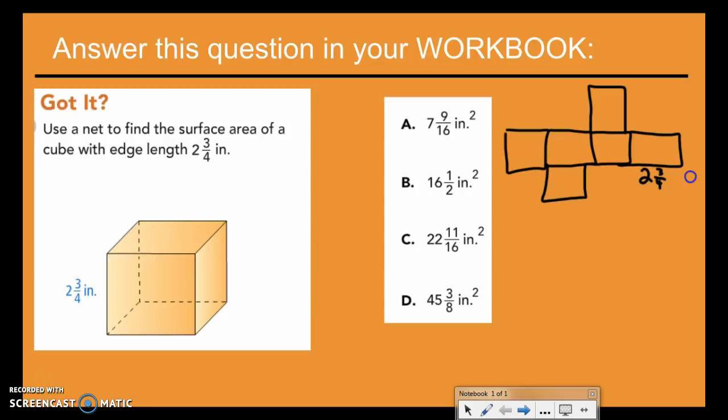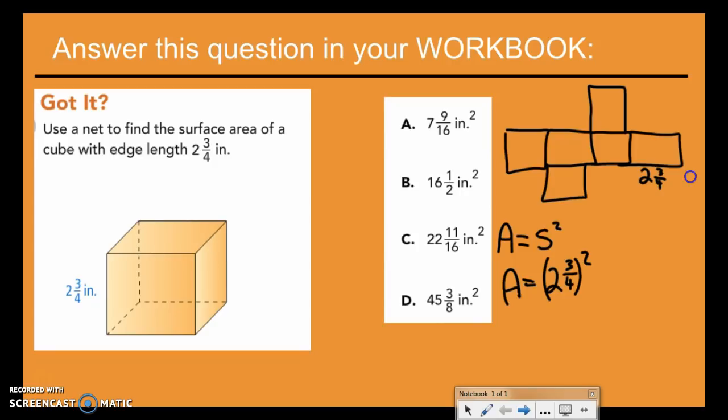Okay, so we know that the formula to find the area, we're finding surface area, the formula for the area of a cube is going to be area equals side squared. We know that our side length is 2 3/4, so now we have area equals 2 3/4 squared.